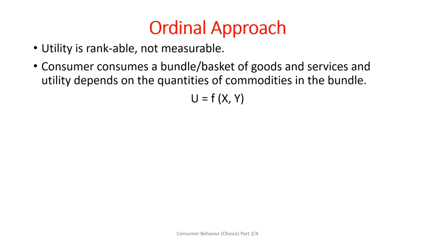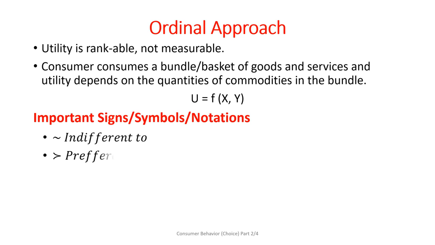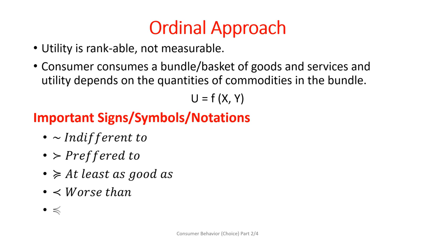The important signs or symbols we use are: the first represents indifferent to, that is, when the two bundles provide us with the same level of satisfaction. Second refers to preferred to, that means when one bundle gives us higher satisfaction than the second bundle.